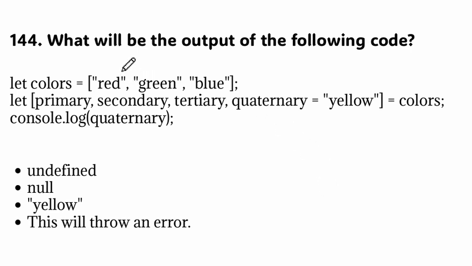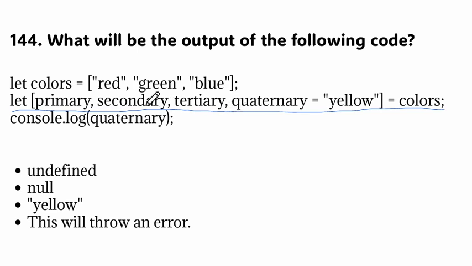Another question: what will be the output of the following code? You can see I have given an array with 3 strings: red, green, blue. I have used a destructure method again here. let primary, secondary, tertiary, quaternary, these are the names, so do not get confused. These are not variables or anything like that. These are just names that you use to destructure the colors array.